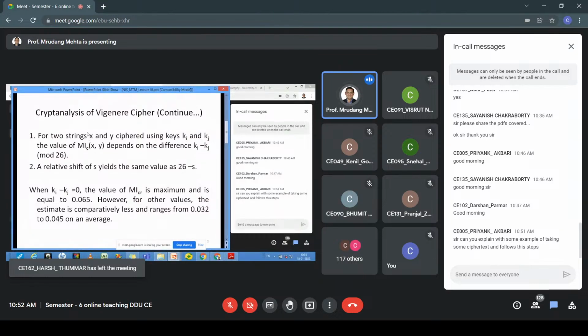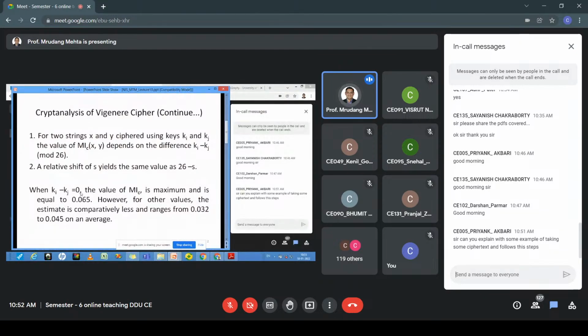So we have one string X which is ciphered using Ki and another string Y which is ciphered using Kj. MIC XY depends on the difference between Ki minus Kj. And a relative shift of S yields the same value as 26 minus S.